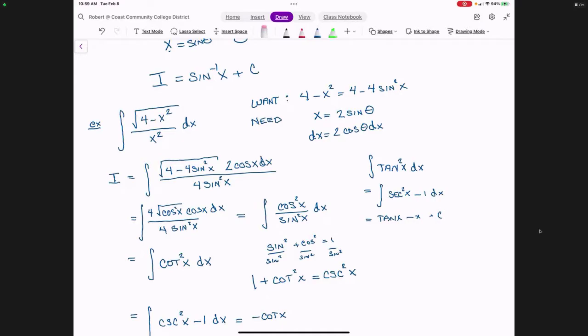All of these x's are now thetas. Even the dx turns into a d theta. So I have to go back. Theta, theta.